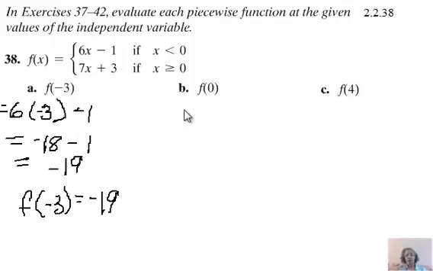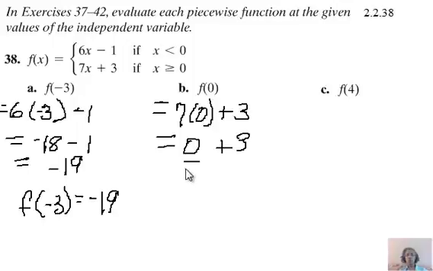Now, f of 0 is a value calculated of the function where x equals 0. And we see that 7x plus 3 is what we use when our x is 0 or anything bigger. So 7 times 0 plus 3. We replace the x in 7x plus 3 with 0. So we see this is 3.